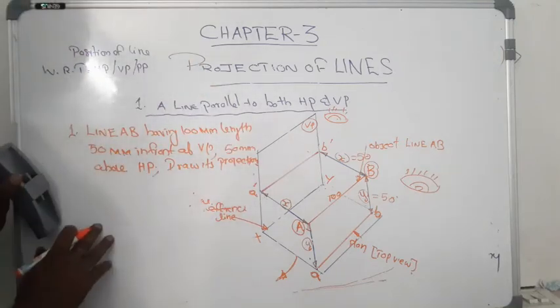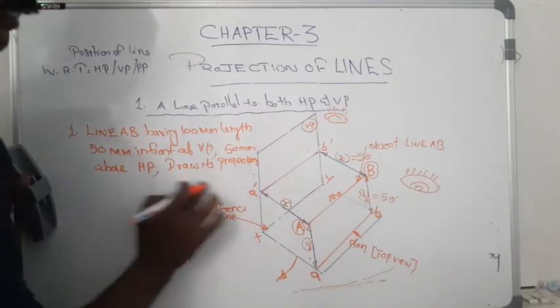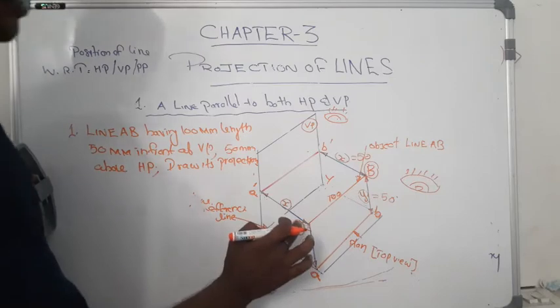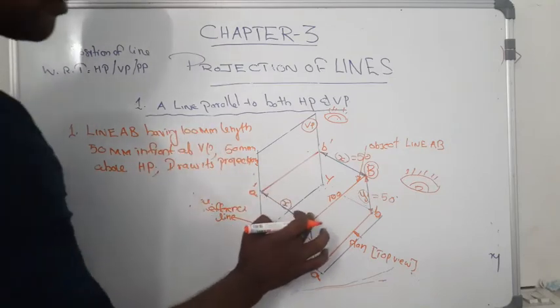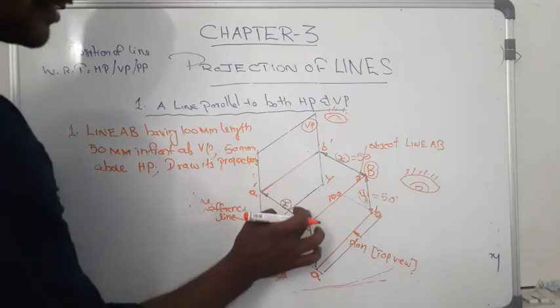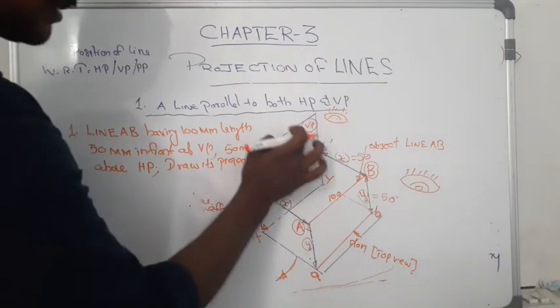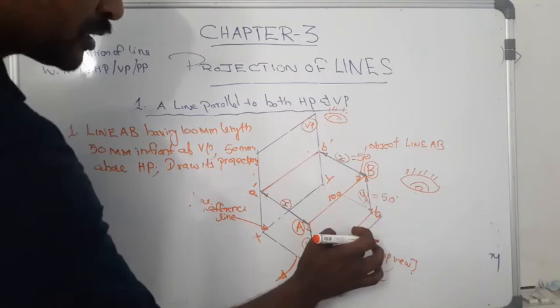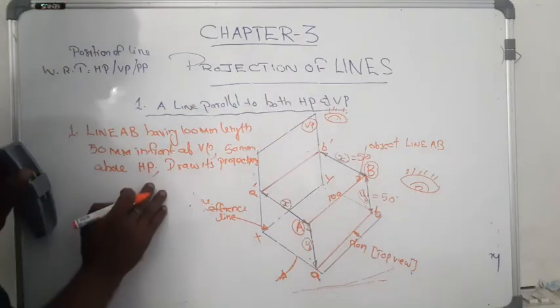By the help of this figure, we can project the image of line AB on its corresponding plane. That means the front view is projected on the vertical plane and the plan is projected on the horizontal plane.